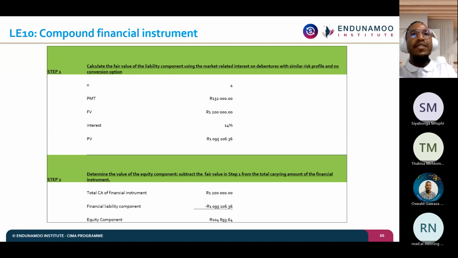We're going to pay payments over 4 financial years. At the end of each year, we're going to have a payment. So we're going to have 4 payments, and that is represented by the N in our financial calculator.